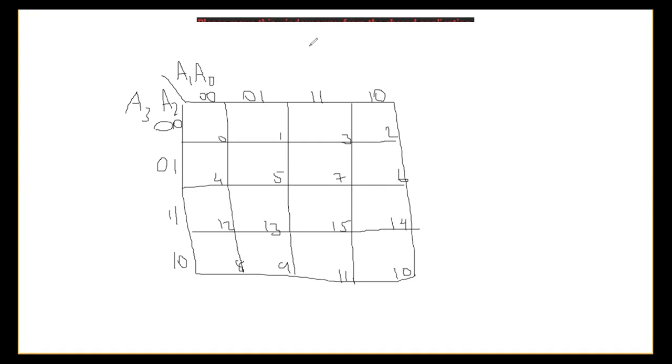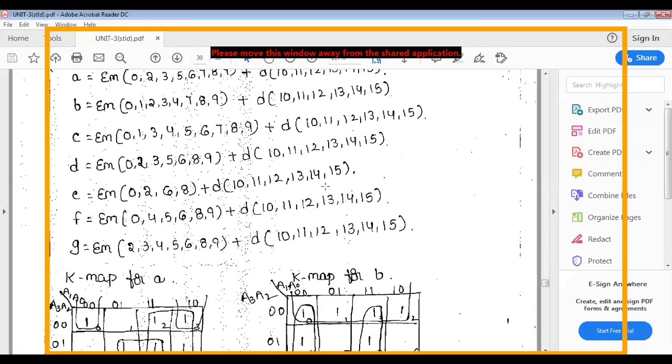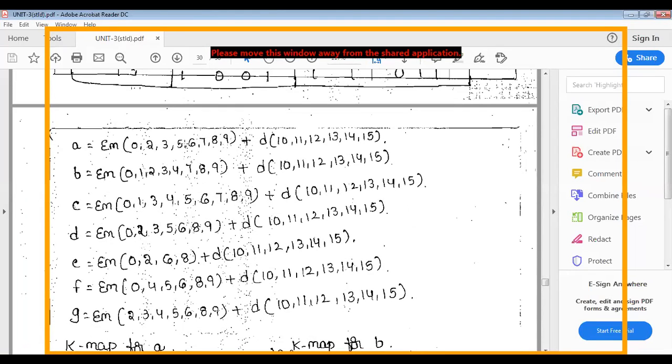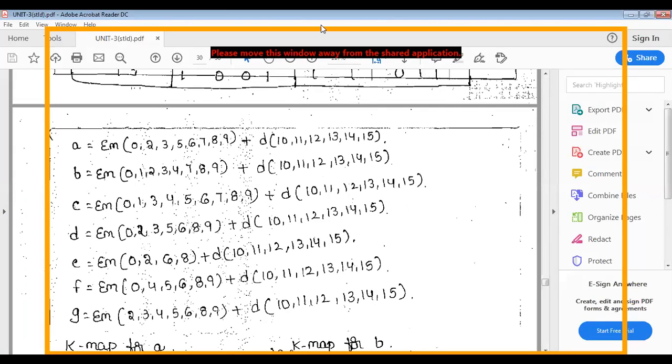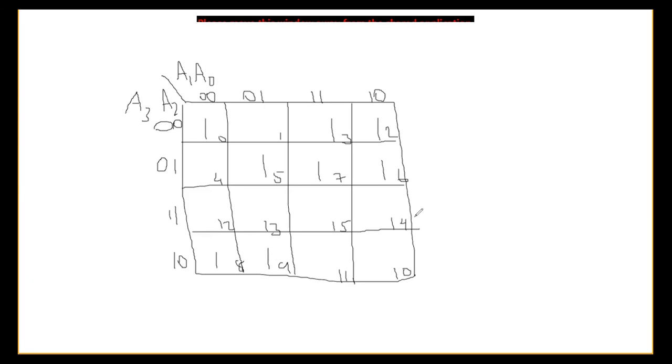Okay. Now what are the minterms here? 0, 2, 3, 5, 6, 7, 8, 9. These are only the minterms. Okay.